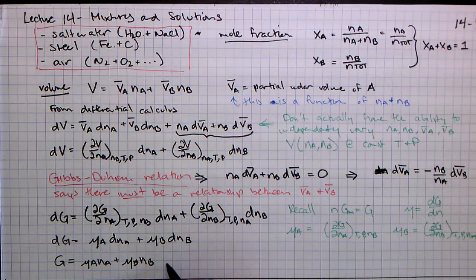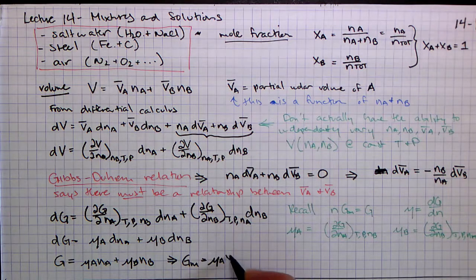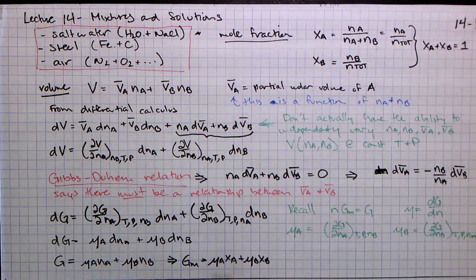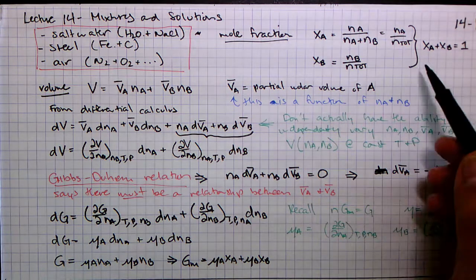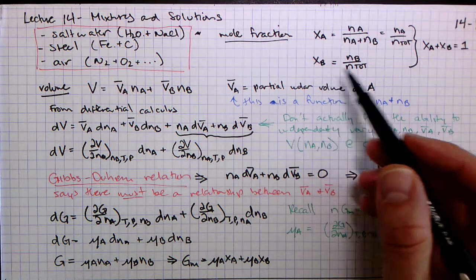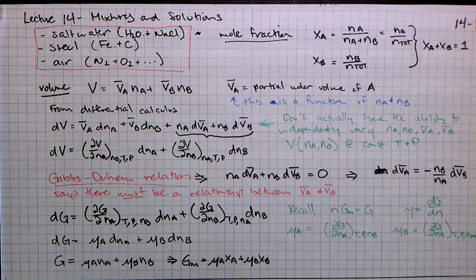So the molar free energy is equal to mu A XA plus mu B XB, where all I'm doing here is dividing by the total number of moles and using my definition of XA and XB.